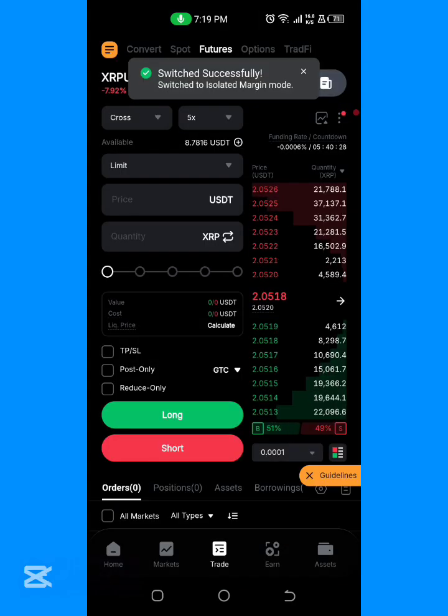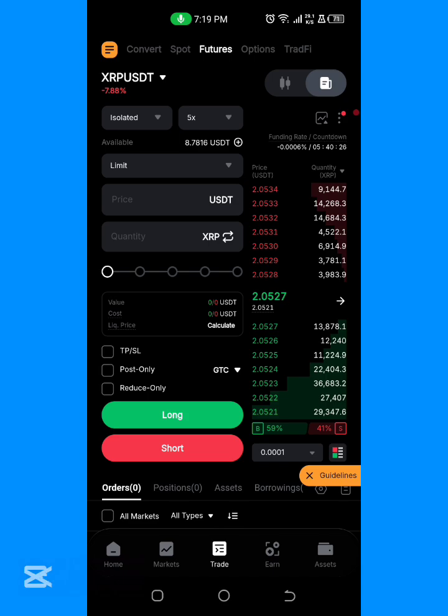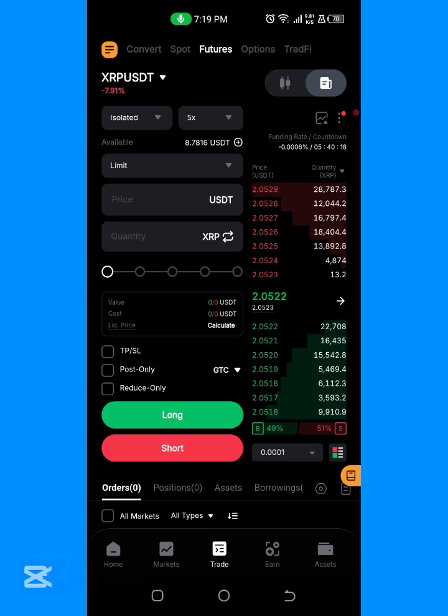What isolated mode is all about is that any money you transfer to your futures wallet on Bybit, that is the Unified account, and you place a trade, if the trade goes against you, the money you are going to lose is limited to the money you transferred and want to use for your futures trading.